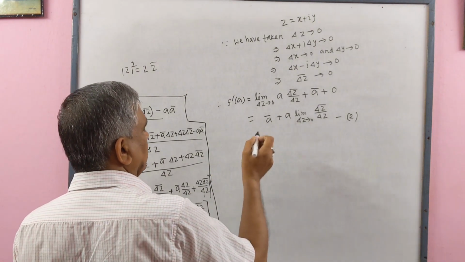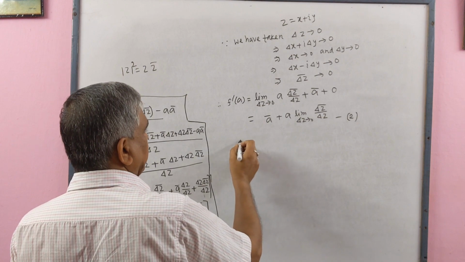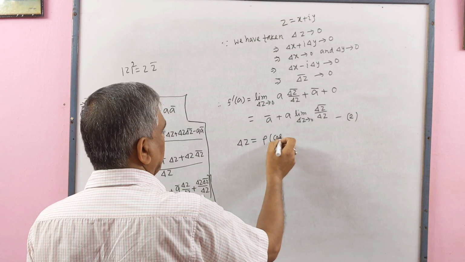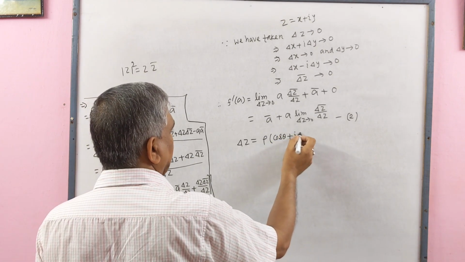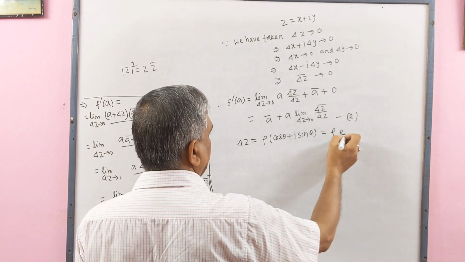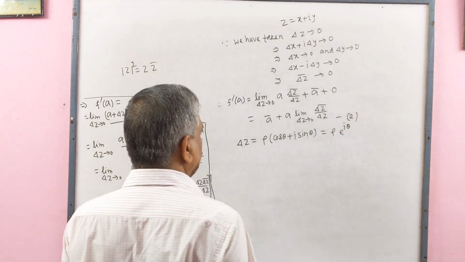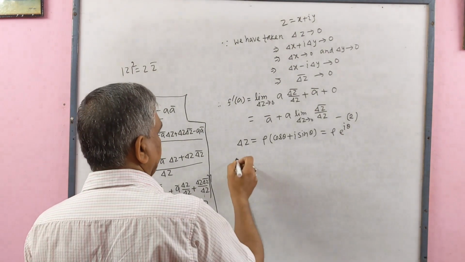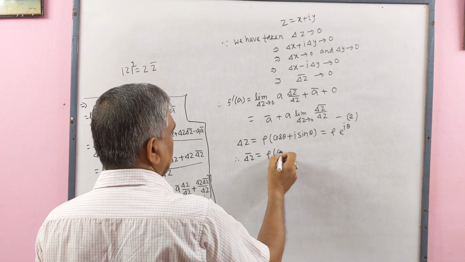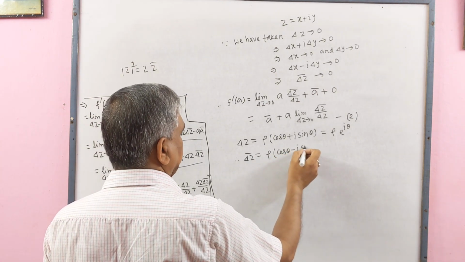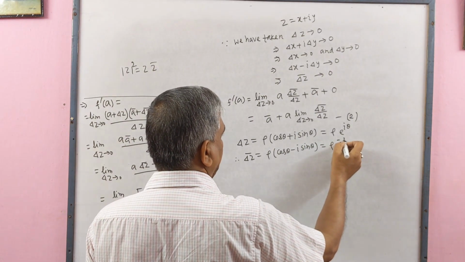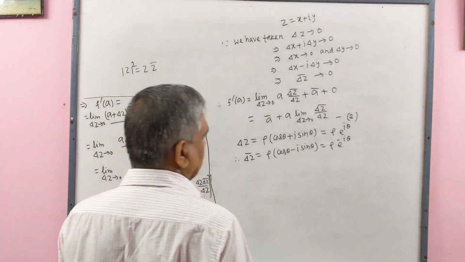Here let us take delta z equal to rho times cos theta plus i sin theta, equal to rho e to the power i theta. Therefore, delta z bar equals rho times cos theta minus i sin theta, equal to rho e to the power minus i theta.